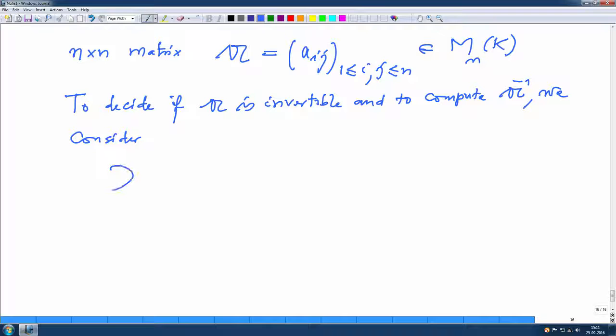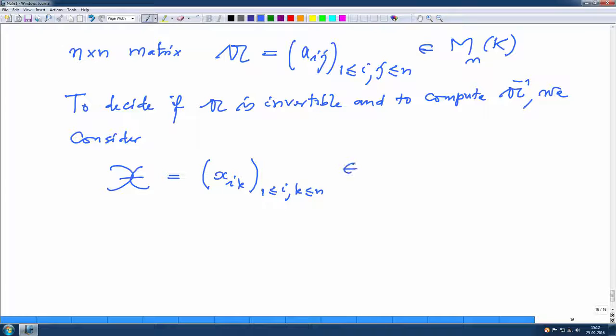a matrix X, where X is a matrix but the entries are variables x_jk. Let me call it small j, small k, where 1 less than or equal to j, k less than or equal to n.